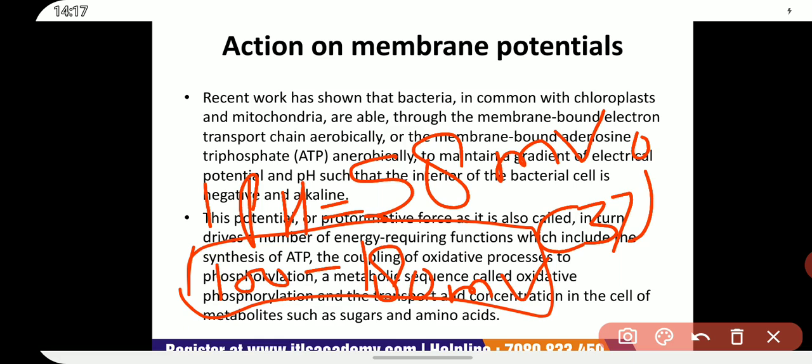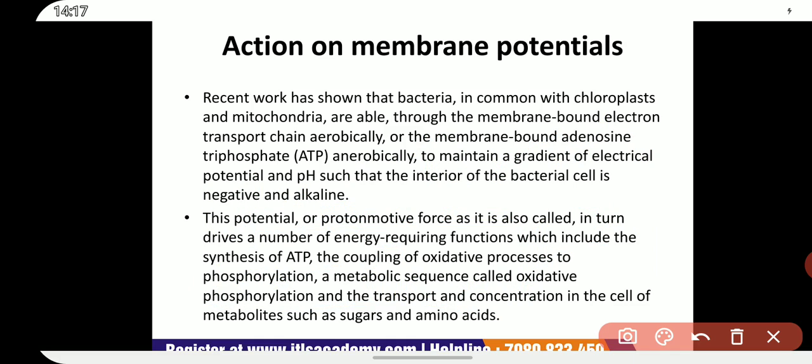With the inside negative, this would cause the negative charge on the inner side of the membrane. The membrane is impermeable to protons whose extrusion creates the potential described.